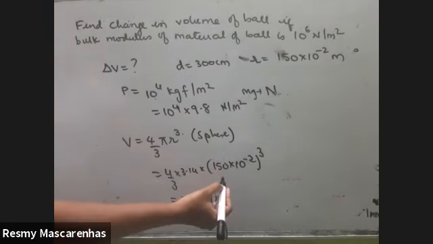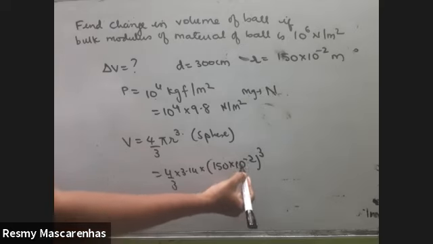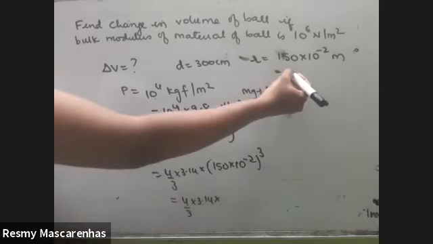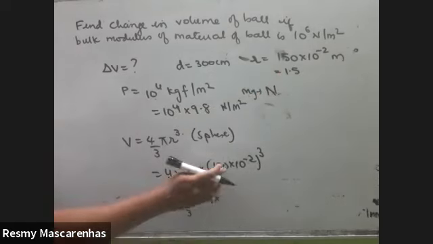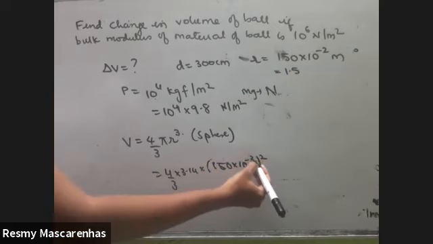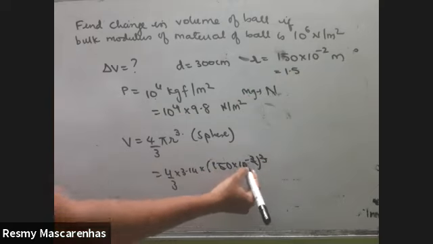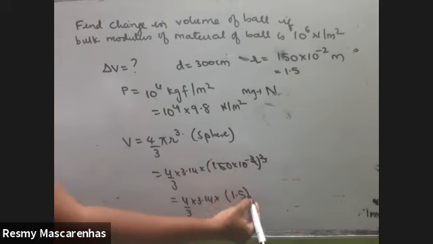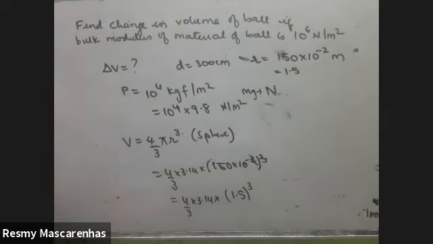Now you can simplify this the other way. 10 raised to minus 2 means 2 decimals shift this side. It's basically 1.5 the whole cube. 1.5 into 1.5 into 1.5 will be 3.375.